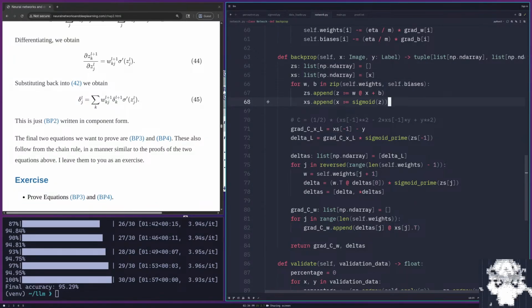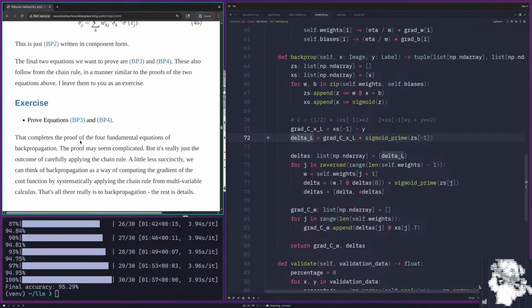Okay, we'll call them X's. The X's are the activations. So this is BP1. This is delta of the final layer is equal to the thing.